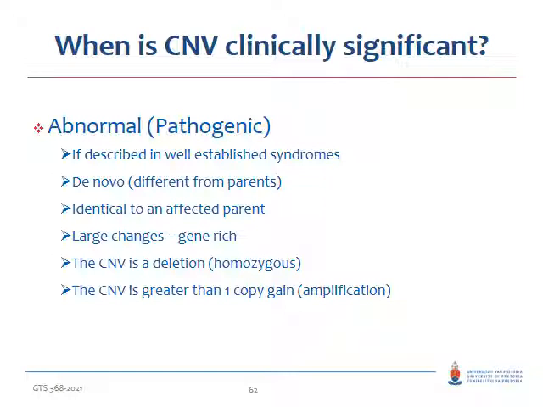It's when it's been described in syndromes, when it's not inherited from the parents, or if it's identical to an affected parent. When it's very large and there are a lot of genes involved, it can also be regarded as pathogenic. If it's a homozygous deletion, or if there's a greater than one copy gain, it's amplified.